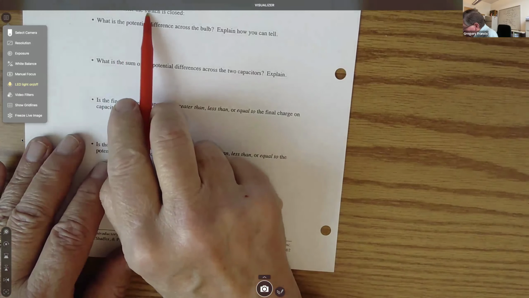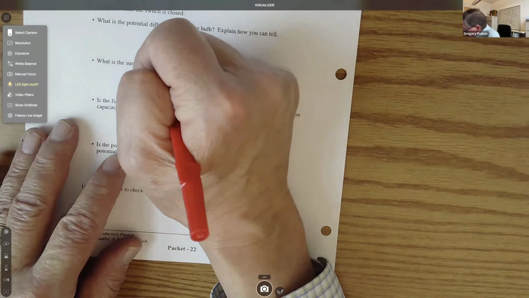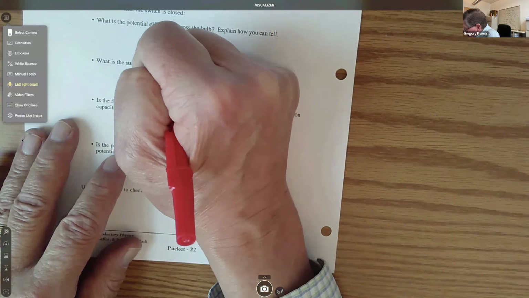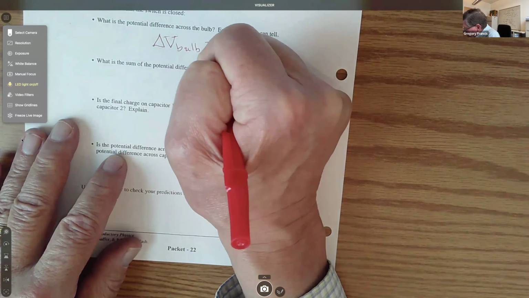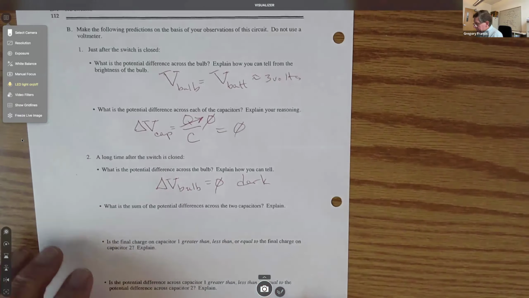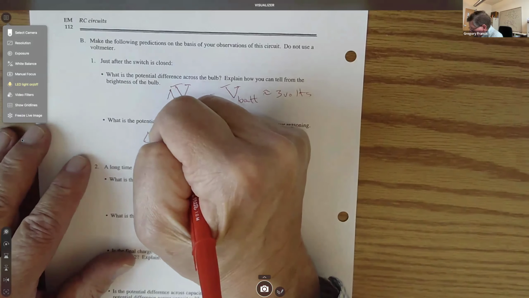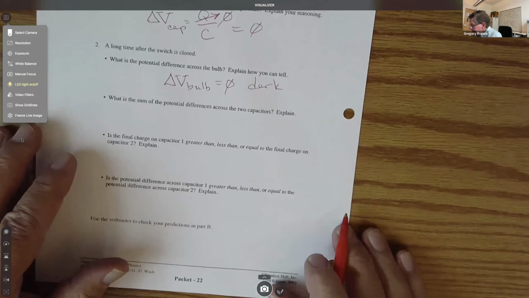Now, a long time after the switch is closed, what's the voltage difference across the bulb? Well, the voltage difference across the bulb will now be 0. It's dark. Now, again, when I said voltage here, I meant voltage difference. I was just getting sloppy there.